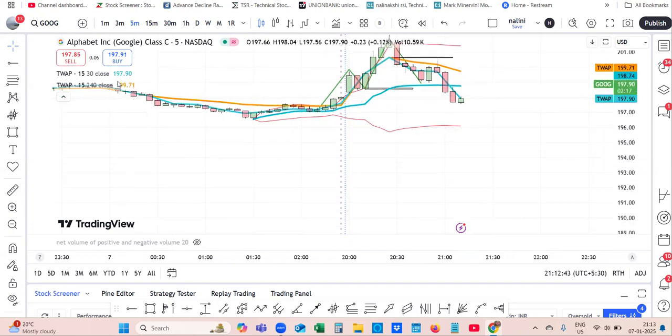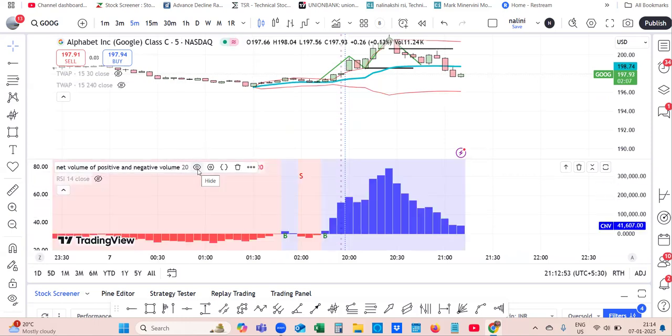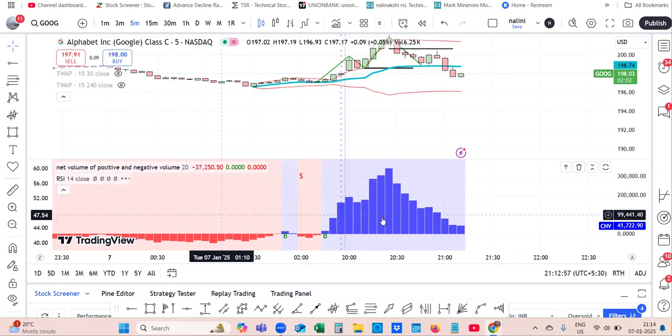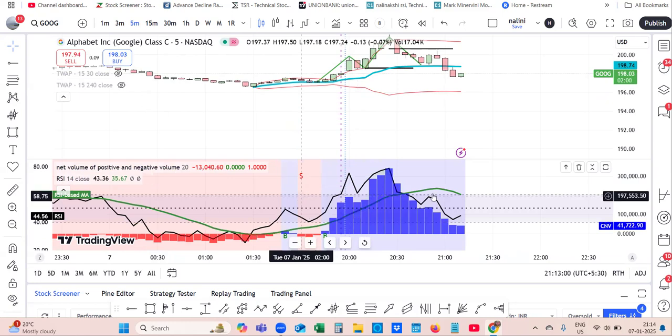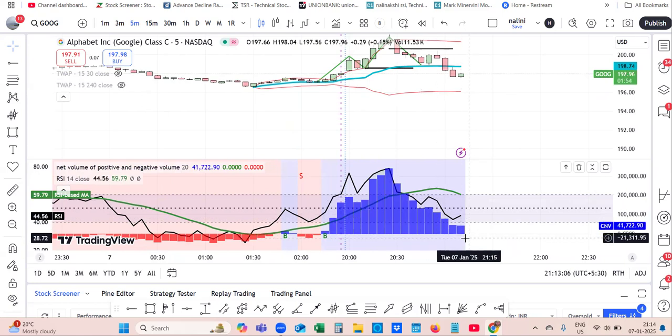Let me cross check the Google chart with the help of these indicators, net volume and RSI. See, RSI crossed below and the net volume started decreasing here.